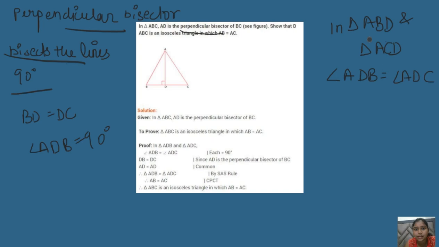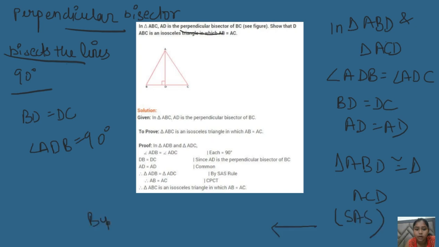Then BD is equal to DC, also because of the perpendicular bisector. Now AD is equal to AD because that's common. Triangle ABD is congruent to triangle ACD by SAS congruency, right? So by CPCT, AB is equal to AC, hence ABC is an isosceles triangle.